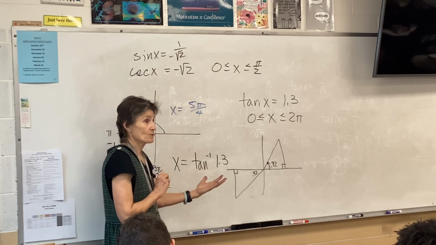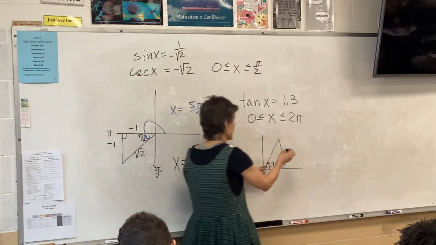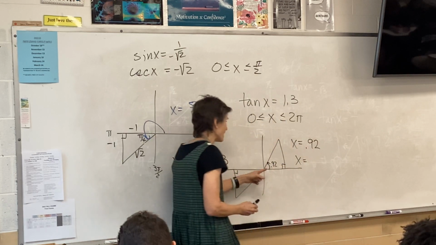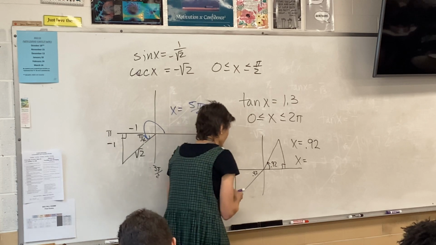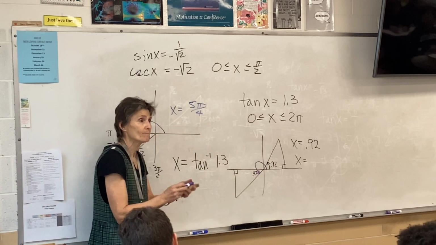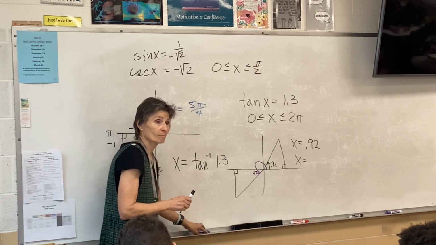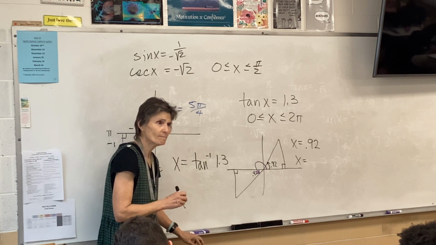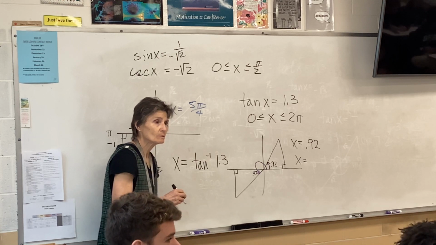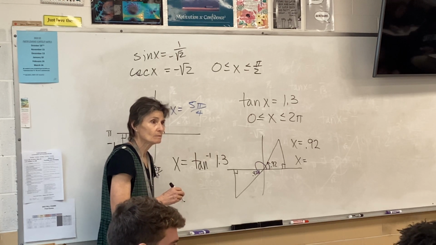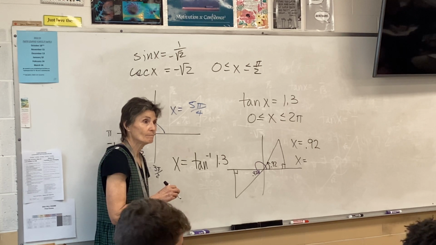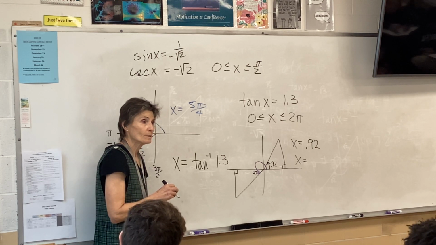Then you name your answers. So one of the answers is 0.92. How am I going to get the other answer? The purple one. How am I going to get that one? Maria? Could be completely wrong, but would you have to change 0.92 into pi radians, and then you could figure it out that way?